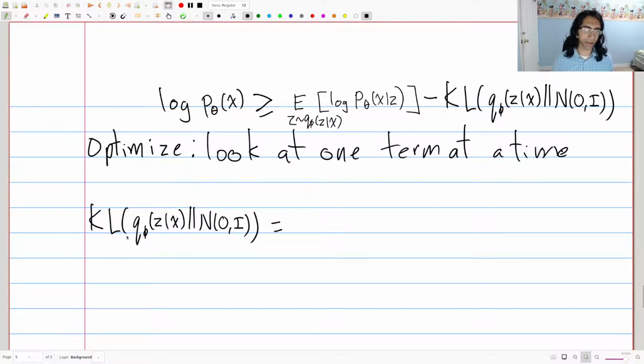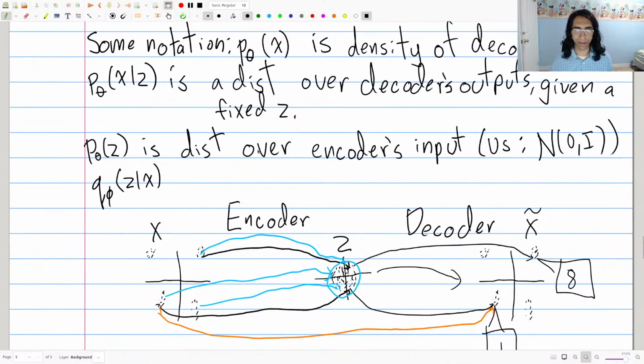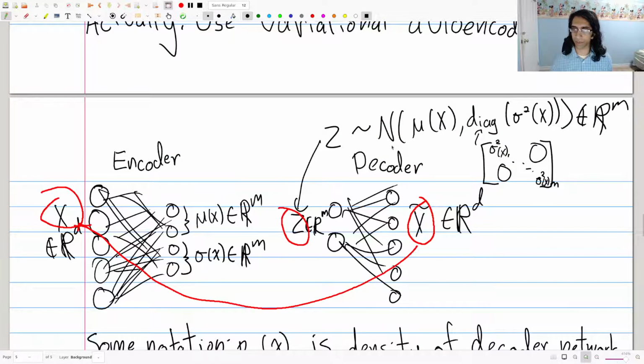Q of phi of z given x is going to be a Gaussian with this mean and variance, which is given by the outputs of this neural network.